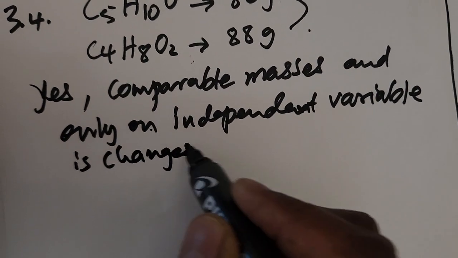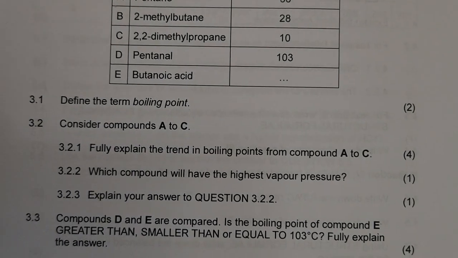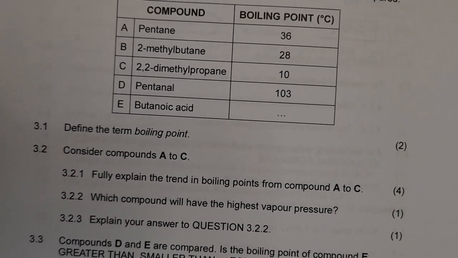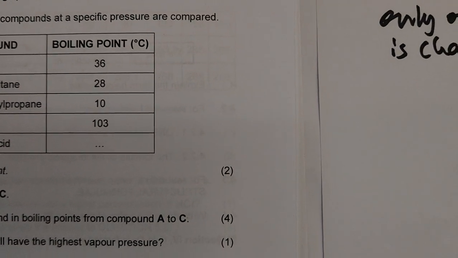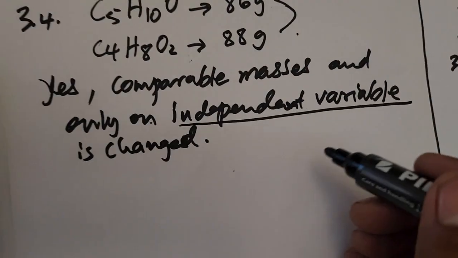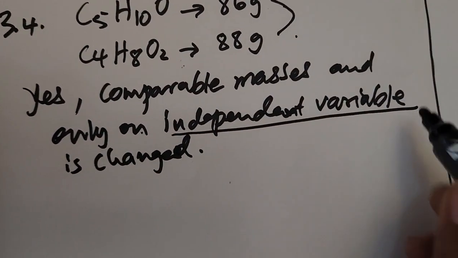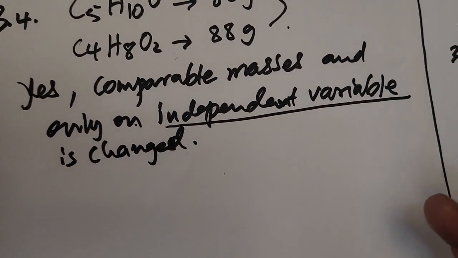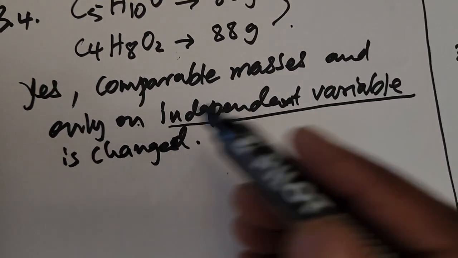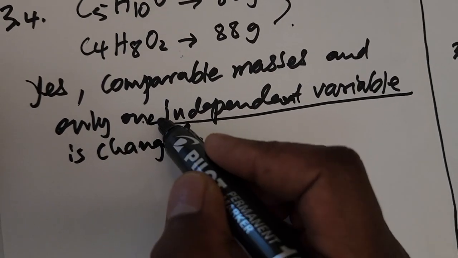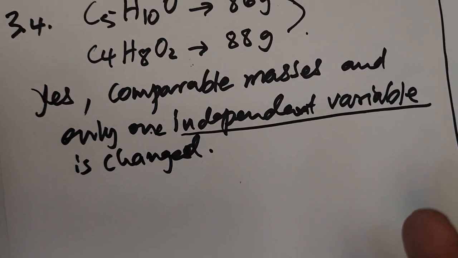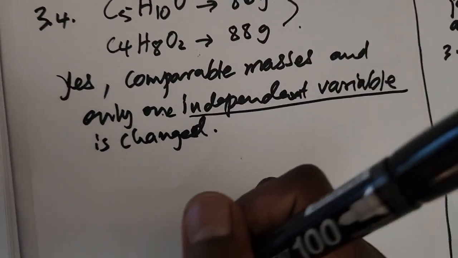Which one is changed between the 2? We are changing here the functional group or the homologous series. Only one independent variable or only homologous series is changed, or only functional group is changed. That's how you can reason for this one.